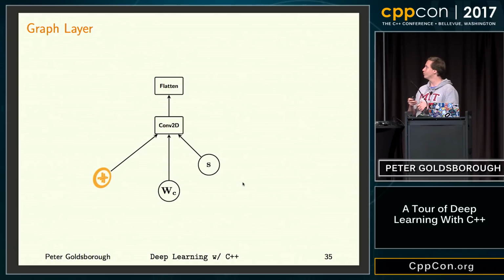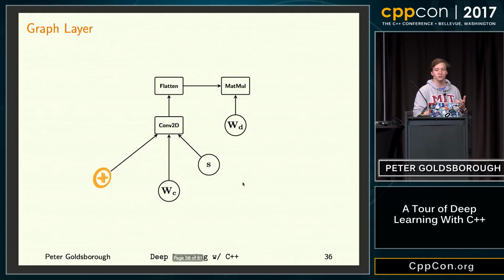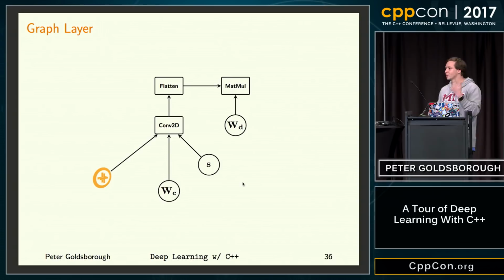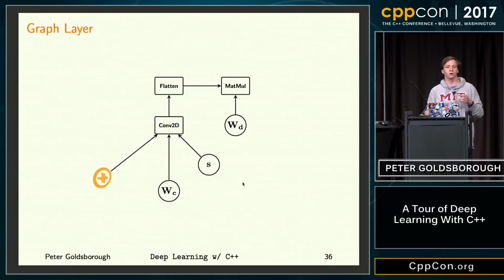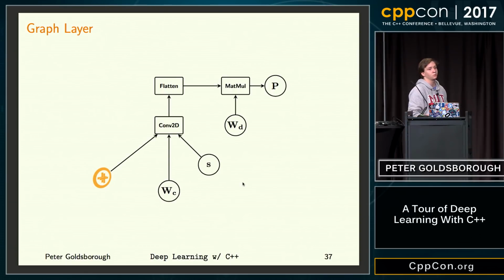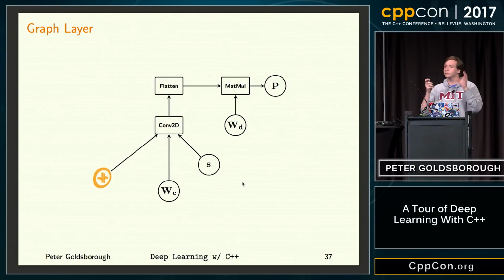The output of that would go into a dense layer, which is essentially just a matrix multiplication. So again, a matrix multiplication is actually a more complex operation, which consists of lots of additions and multiplications. But because it's so simple, we also have it usually as a very basic operation. And again, it takes as input another matrix we multiply with, which is another weight matrix. And then at the end, we have one final output, which is the probability in our case. And so this is a computation graph.